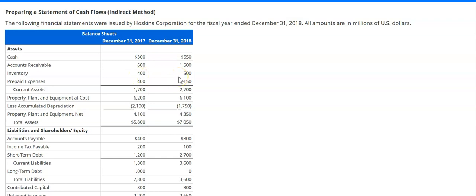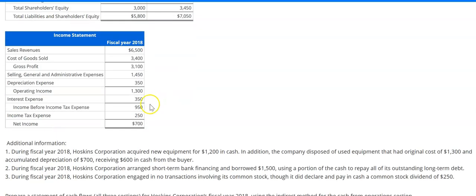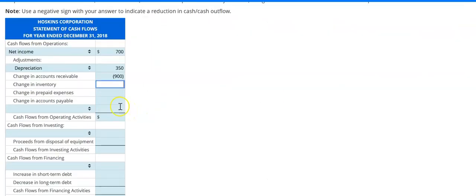These are in millions, but again, that doesn't matter. There's $100 more we spent on inventory essentially than what we needed to. So this $100, or in our case, $100 million in cash, is not there. So we're going to do the exact same thing, and we're going to enter a negative here.